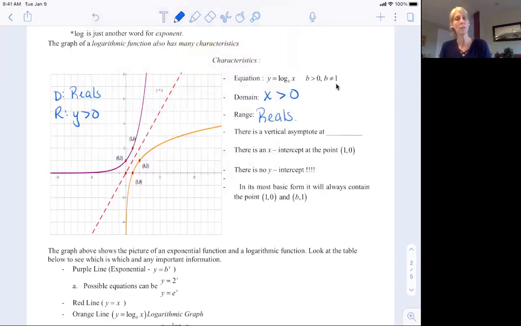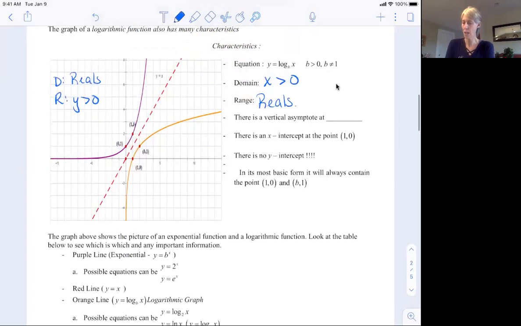And this is important because what did we say about inverse functions? We switch x and y, or we switch domain and range. And if you see here, the domain and range get switched. Okay, so that's kind of important. Instead of the horizontal asymptote at y equals 0, we're going to see a vertical asymptote in our graph. So notice how the vertical asymptote is there instead, and that's going to be at x equals 0.